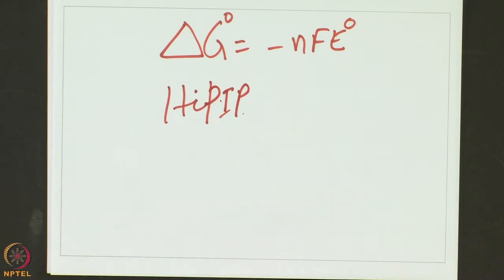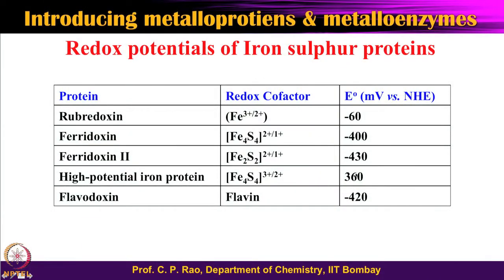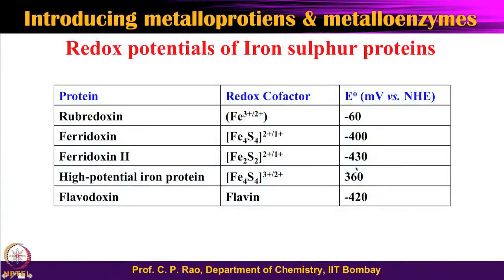This has a high positive potential, plus 360, whereas the others have negative values, minus 400 and minus 430. Flavodoxin is a flavin, not an iron sulfur protein, at minus 420. So here you can see iron sulfur proteins can be as positive as plus 360 and as negative as minus 430. The difference is 800 millivolts, a large range.